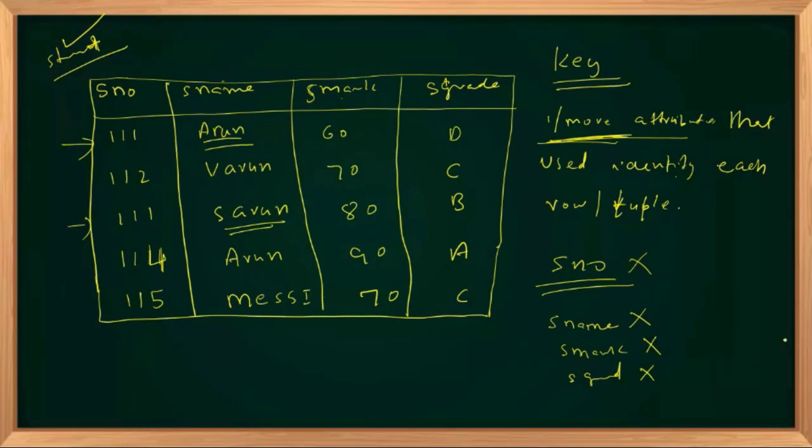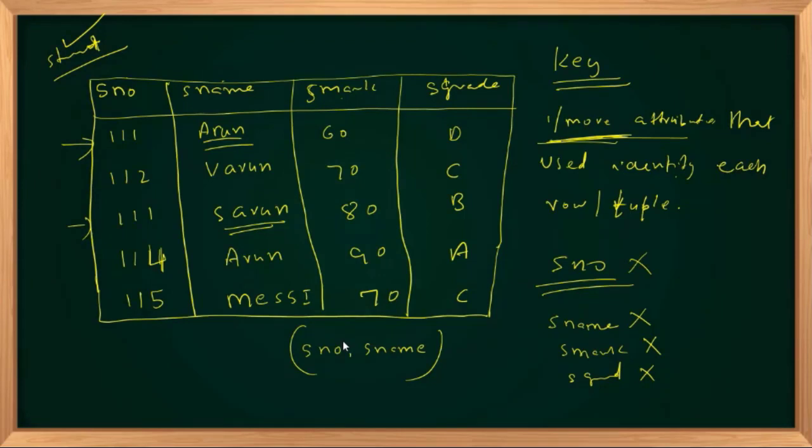Then I have to combine a set of attributes. The definition of key is one or more attributes. So I combine the student's number and the student's name. Is it valid, does it uniquely identify?